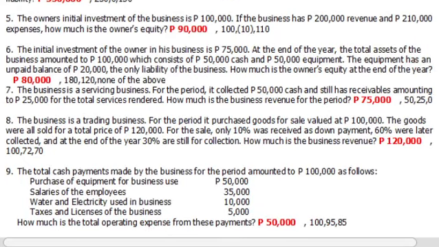Number 7, the business is a servicing business. For the period, it collected 50,000 cash and still has receivable amounting to 25,000 for total services rendered. Question, how much is the business revenue for the period?